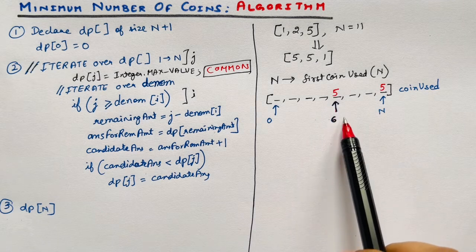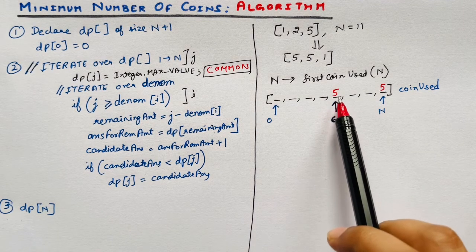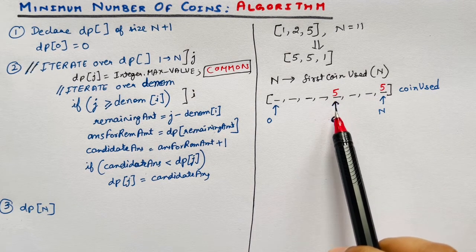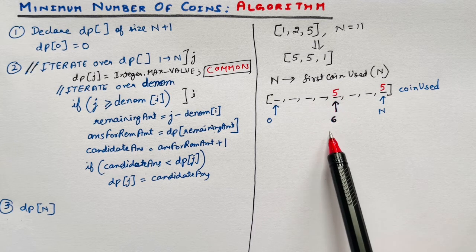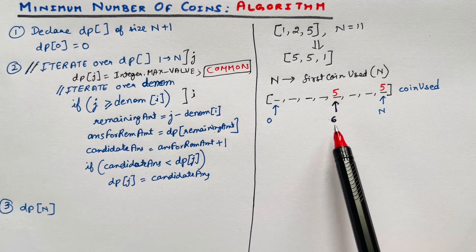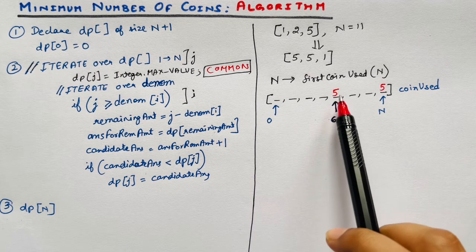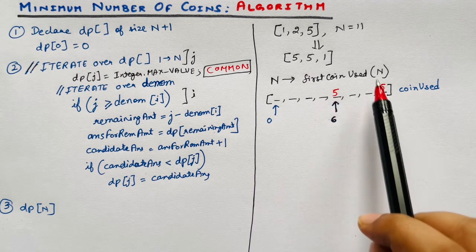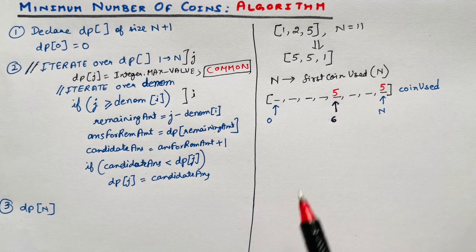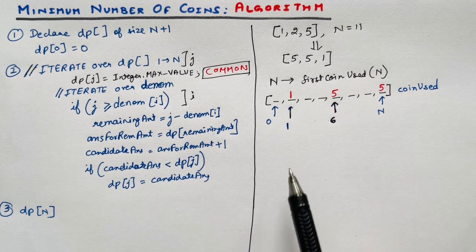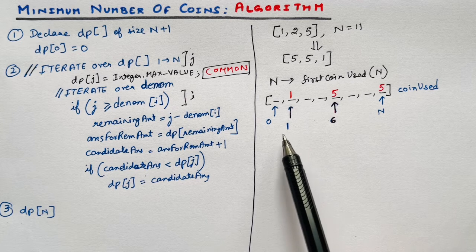Now let's say that first coin used for rupees 6 was again 5. Then what is the remaining amount that we are left with? The remaining amount is rupees 1, and we have already used two 5 rupee coins in forming rupees 11. Now let's say rupees 1 corresponded to this index.